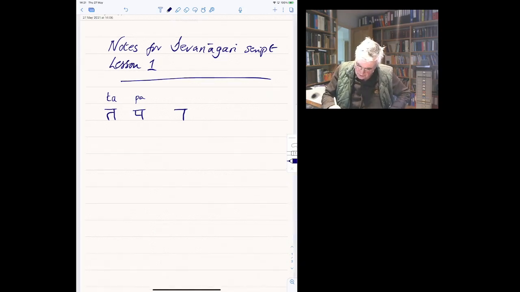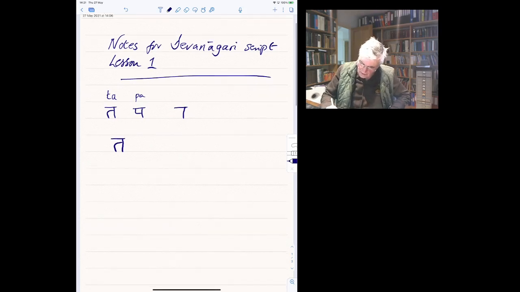So, for example, the characteristic part of the t is that, to which you add the upright and the crossbar along the top. And this is the characteristic of the p letter, to which you then complete the letter by adding these two bars. A s. That is the characteristic part of it. Complete the letter like that.